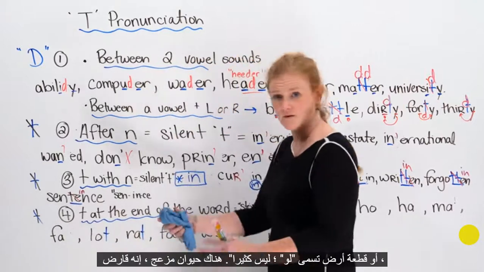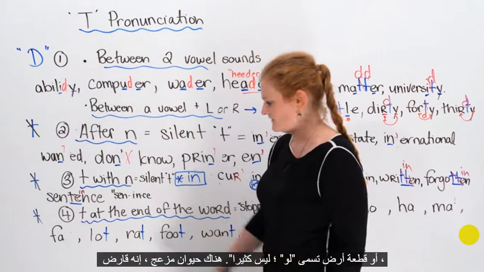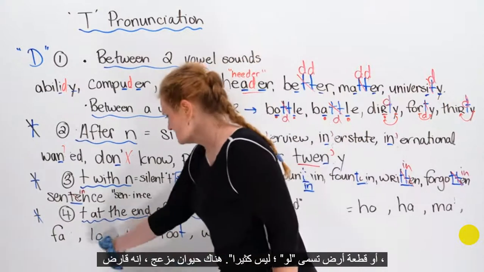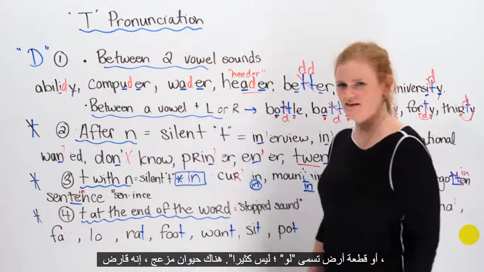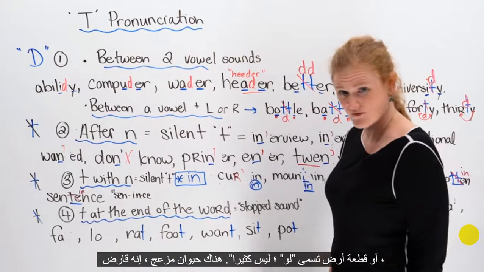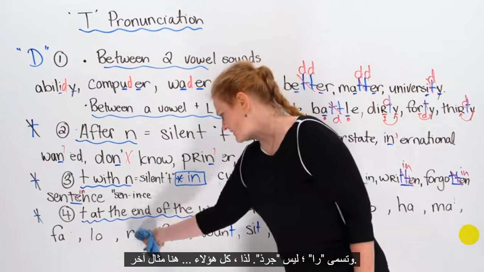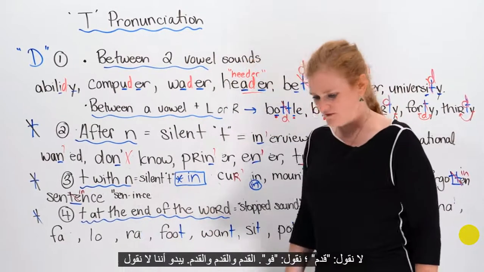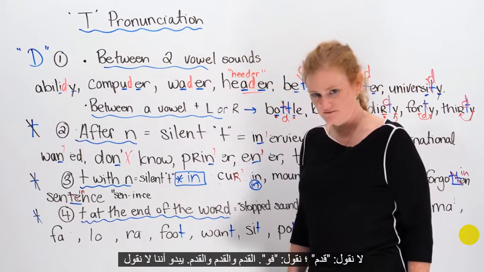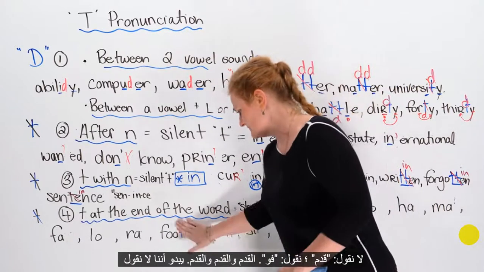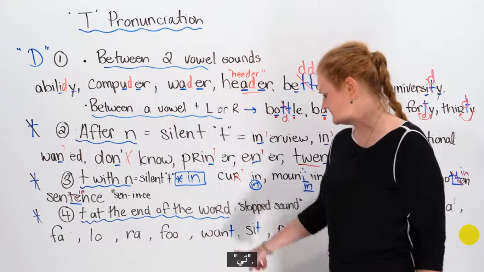A group or a parcel of land is called a lot, not a lot. There's a pesky animal. It's a rodent, and it's called a rat, not a rat. So all of these ones, here's another example. We don't say foot, we say foot. It sounds like we're not saying the T.